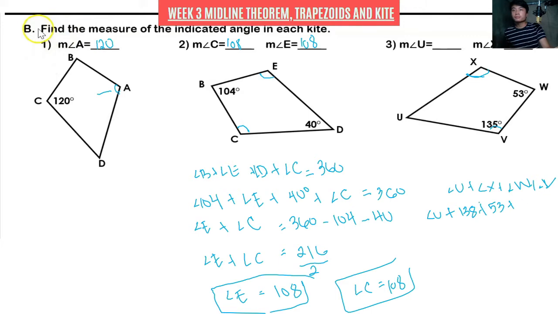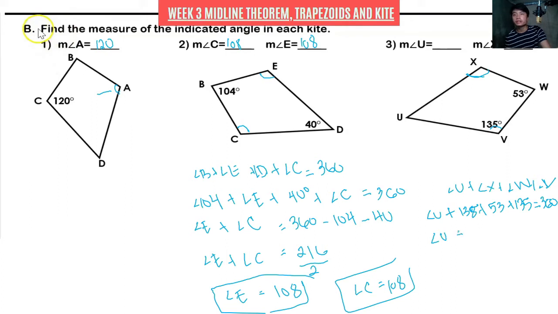Oh, 135 pala to. Sorry, 135 plus 135 is equal to 360. So, dyan, lahat ng may value, lilipat natin sa kanan, magiging negative kasi lahat sila positive.